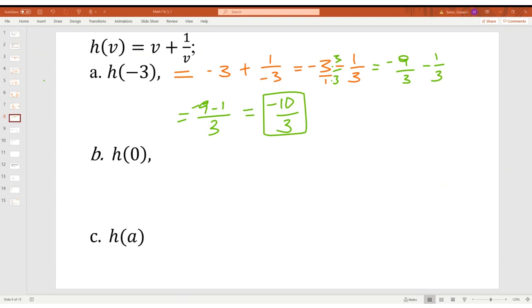So what is h of 0? That was exactly the question, Jasmine. So she says, can we solve B if the number is divided by 0?